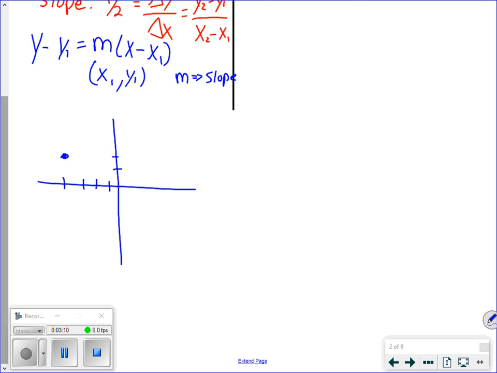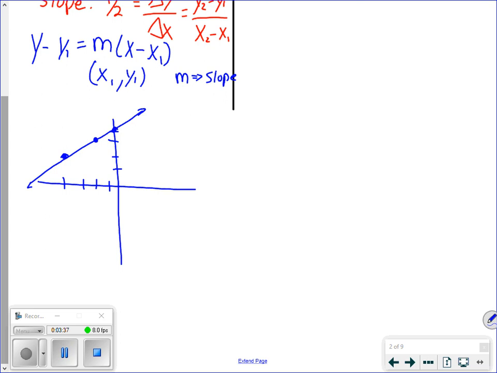From there, all you have to do is the slope with the change in y over the change in x, and that's rise over run, which means we're going up 1 and to the right 2. So my next point would be right here. It's terribly drawn, but there's our line right there.